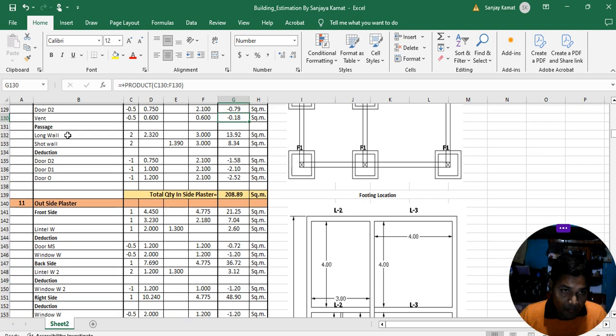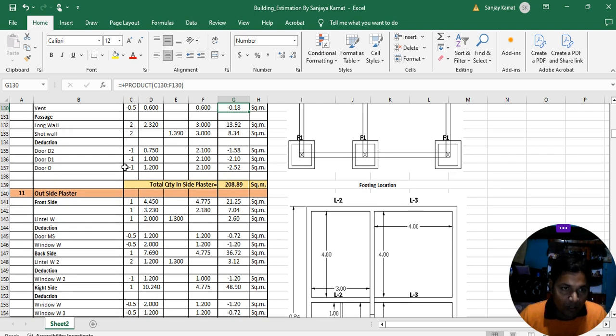Now we are going to work for the passage. Similarly in the passage, we have to use the long wall and short wall. The number of long walls will be 2, and the number of short walls will be 2. Length of the long wall will be 2.30 meter and thickness 3 meter.